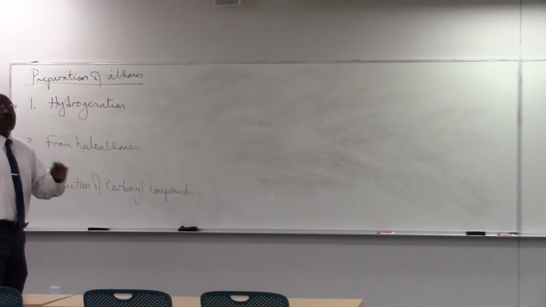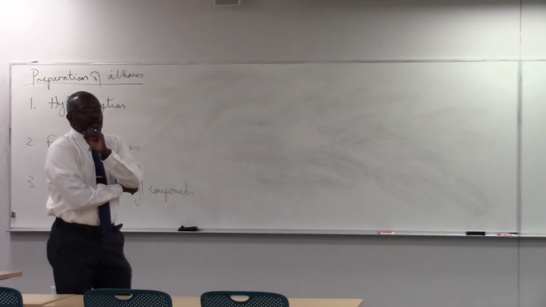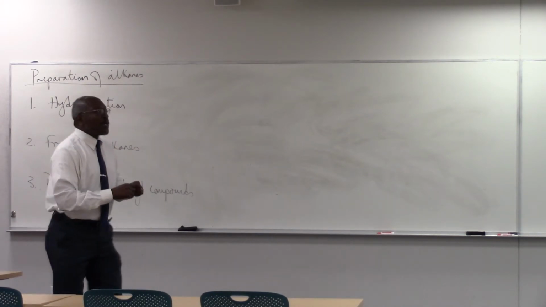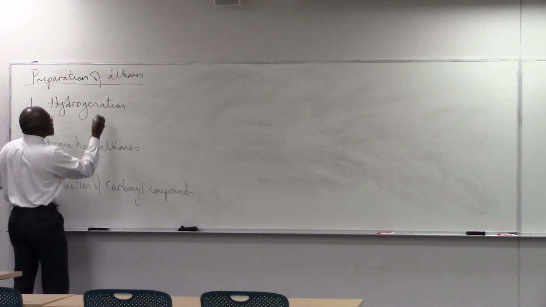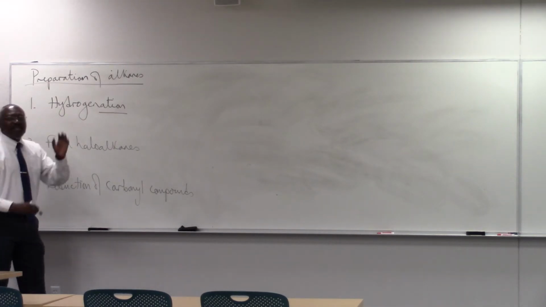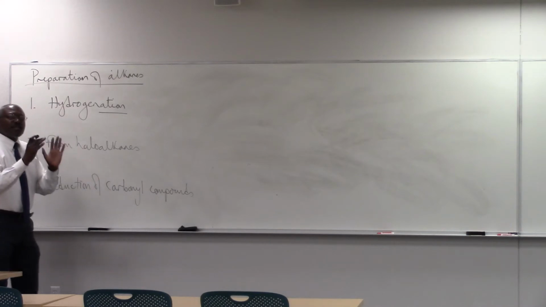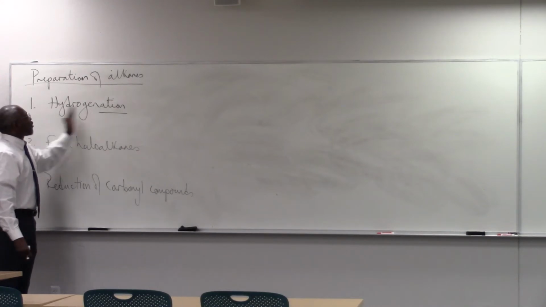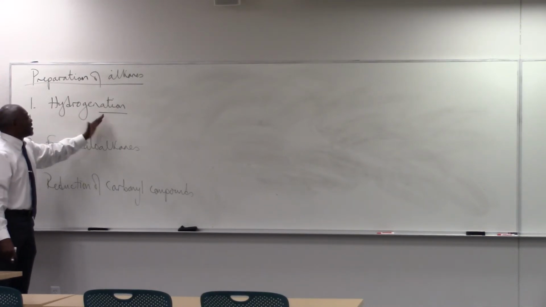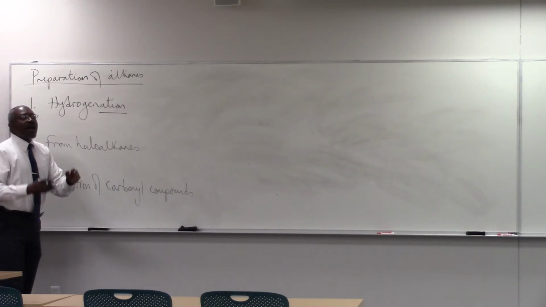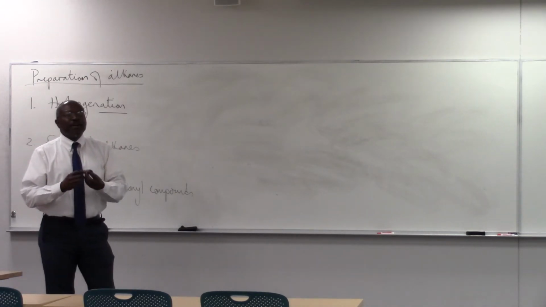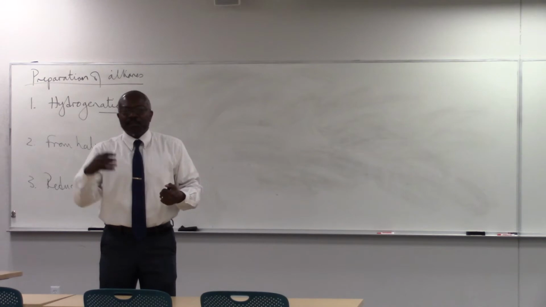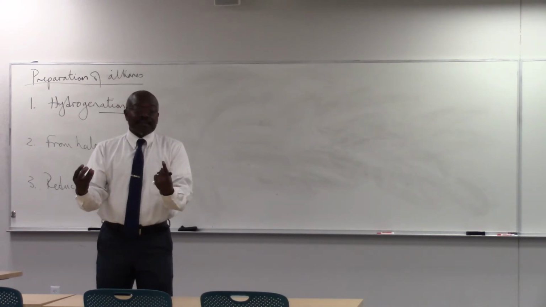Let's talk about hydrogenation. If you remember, when we talked in one of the previous lectures about the classes of organic reactions, we said that the suffix -ation means the addition of, and the term that precedes -ation tells me what we're adding. So hydrogenation means the addition of hydrogen. Now, because there are two atoms in a double bond or a triple bond, I can't add something to one of the atoms and not add something to the second.